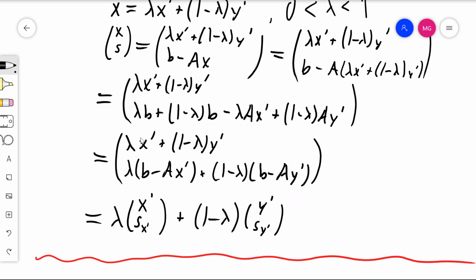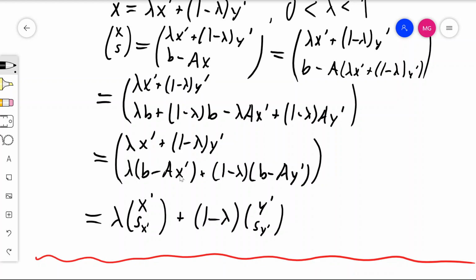That's the top half of the vector. And for the bottom half of the vector, we have lambda times b minus Ax prime plus 1 minus lambda times b minus Ay prime. Look, for the x prime part, we have lambda times the x prime part for both the top half and the bottom half. And for the y prime part, we have the 1 minus lambda scalar in front.